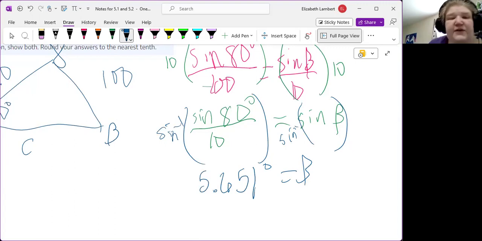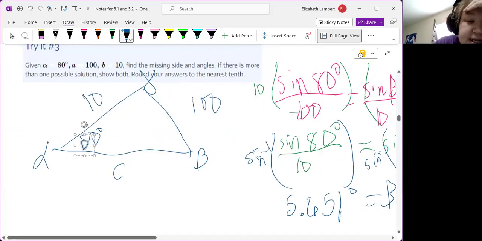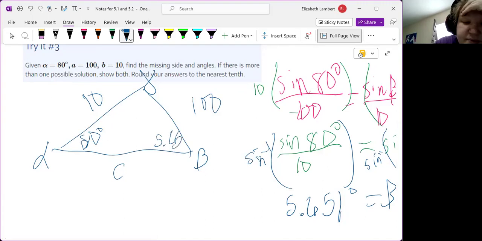And we took an inverse trig function, so this is an angle measure. All right, but we did get a positive number, so that tells us that this right here is 5.651.